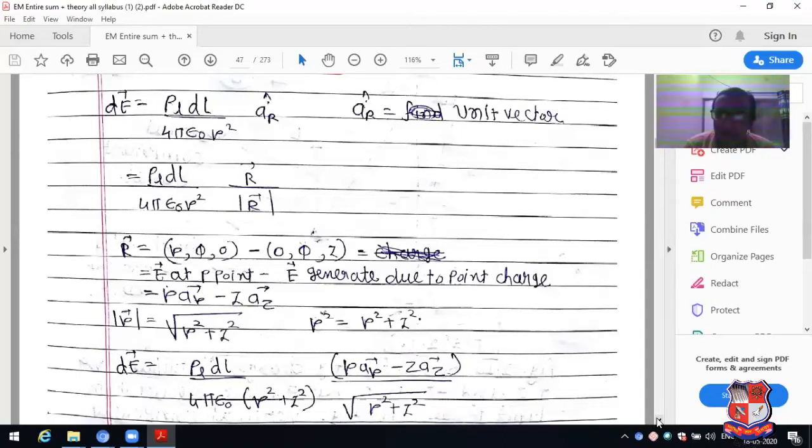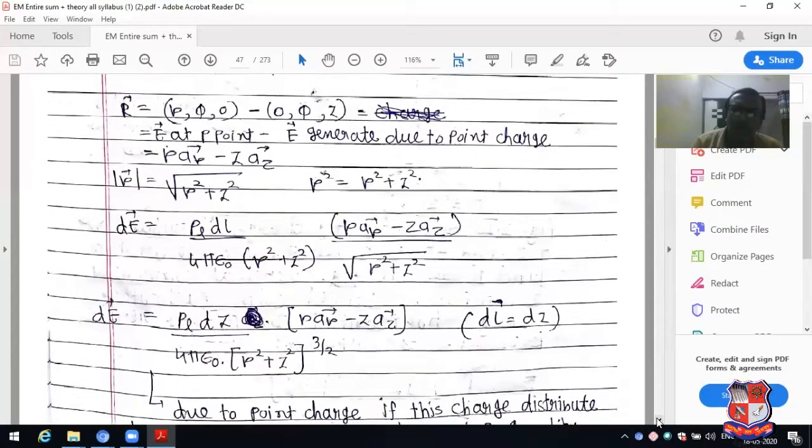So here it is r a_r minus z a_z. The magnitude is the square root of r square plus z square, so magnitude of r square equals r square plus z square. Here it is rho L dl times (r a_r minus z a_z) divided by 4 pi epsilon 0 (r square plus z square) raised to 3 by 2.